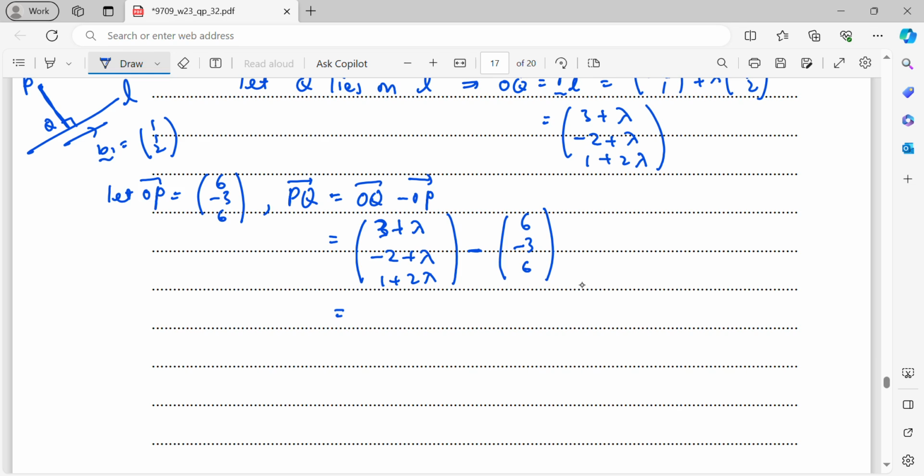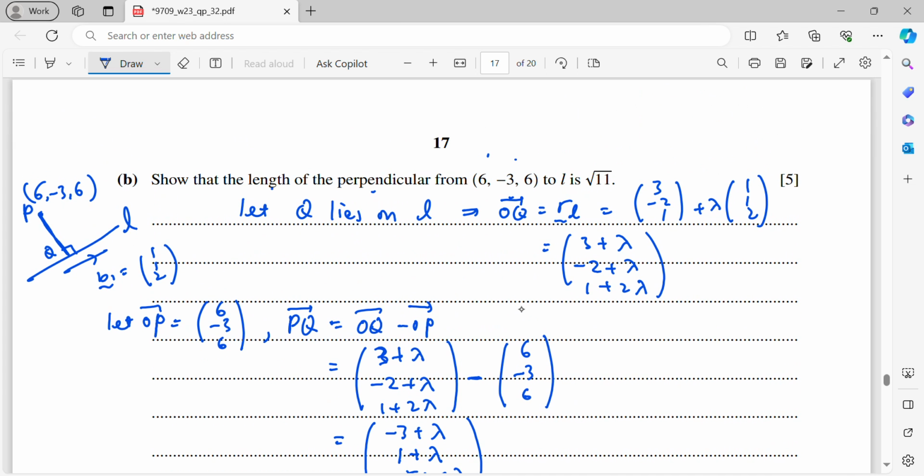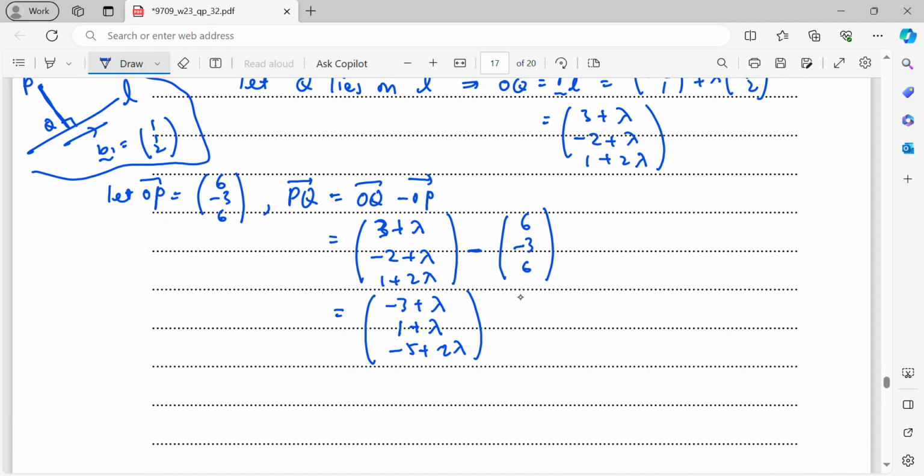Then this is going to be negative 3 plus lambda. So negative 2 minus negative 3 is 1 plus lambda. 1 minus 6 is negative 5 plus 2 lambda. Okay, and then from this diagram, we know that PQ dot B1 equals 0.